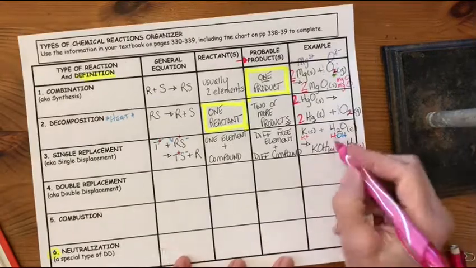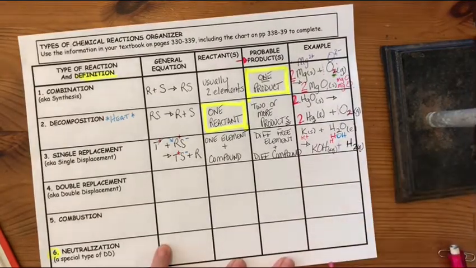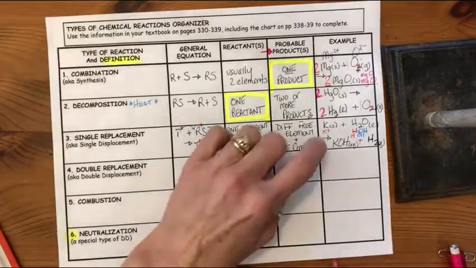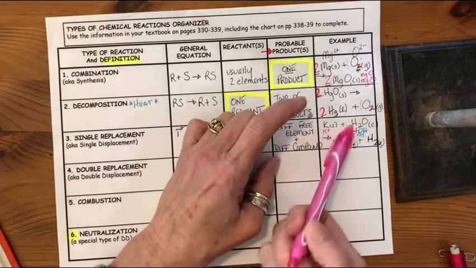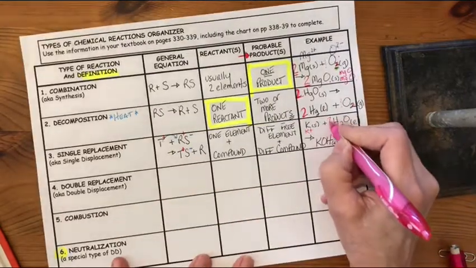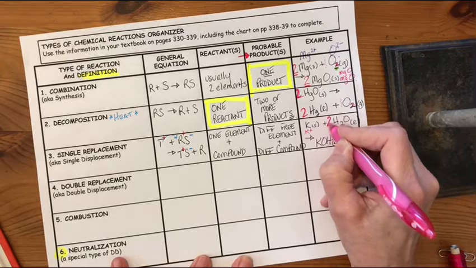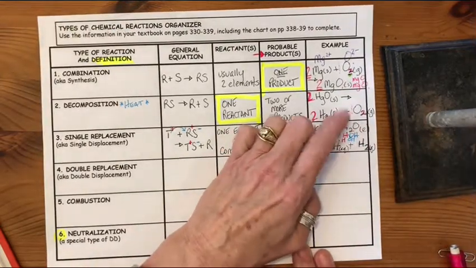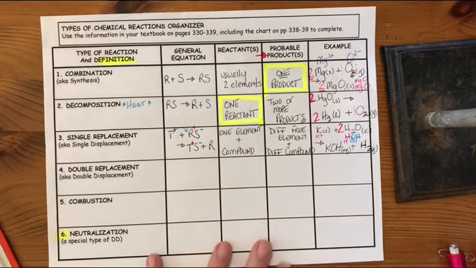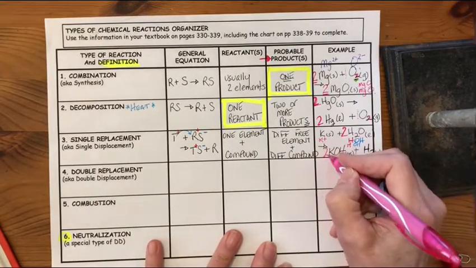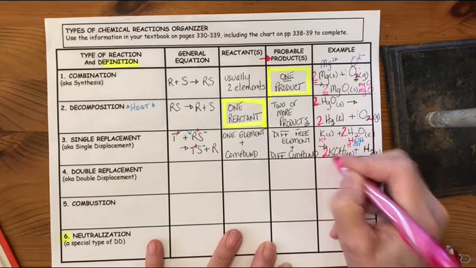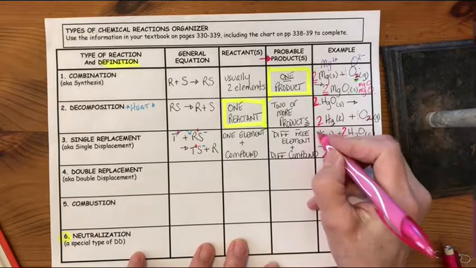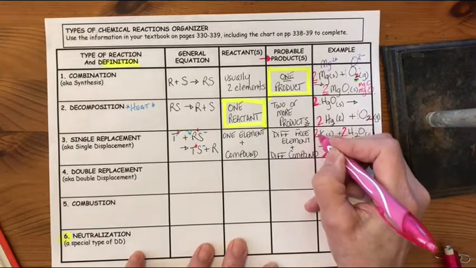But remember, if you think about water as HOH, we will have 2 hydrogens if we have 2 waters, 2 free hydrogens, I should say, to make our hydrogen gas. And then we have 2 hydroxides. Well, they have to go somewhere. So that means we're going to need a 2 here. And then, of course, if we have 2 potassium hydroxides, we have to have 2 potassiums as well.